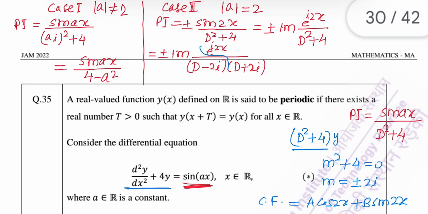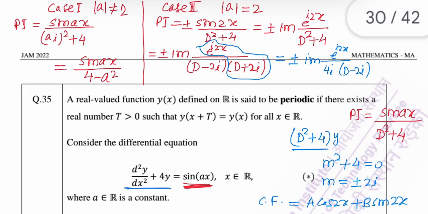First, for this part you see in the blue enclosure, we have plus minus imaginary part, e to the power i 2x by, and here this D will be replaced by 2i, so here will be 4i, and here will be D minus 2i.